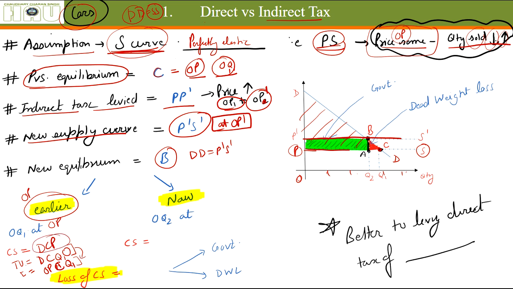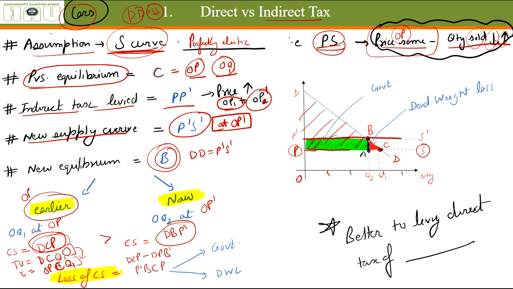At the new equilibrium point, OQ2 quantity is being bought at OP dash price, and the consumer surplus has now become DBP dash. As you can see, DCP is greater than this. So how much consumer surplus has been lost due to an indirect tax? The loss in consumer surplus is DCP minus DBP dash, which is equal to P dash BCP.